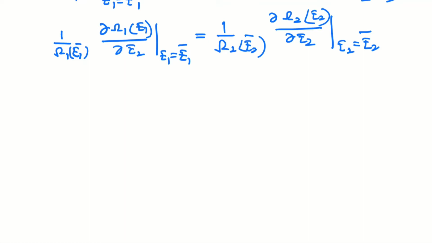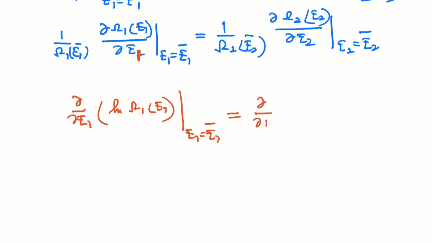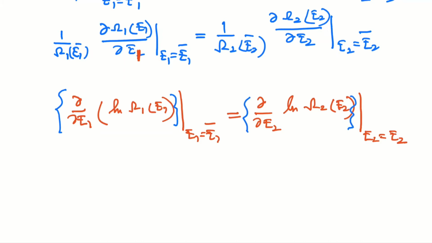Now this takes the form dou by dou E1 of log of omega 1 of E1 at E1 equal to E1 bar, meaning this differentiation is done at E1 equal to E1 bar, is equal to dou by dou E2 of log of omega 2 of E2, when this differentiation is done at E2 equal to E2 bar.